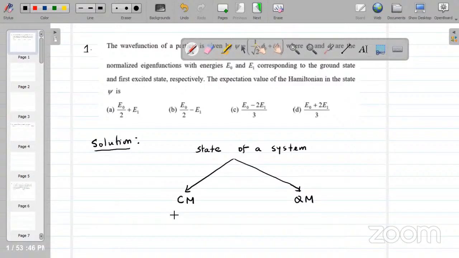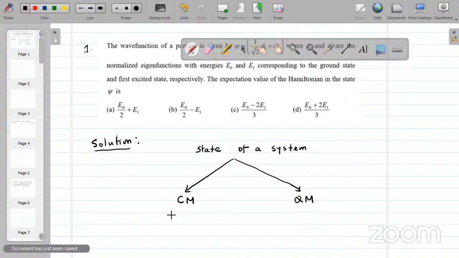In classical mechanics, the state of a system is characterized by, can somebody reply? Position and momentum, sir.